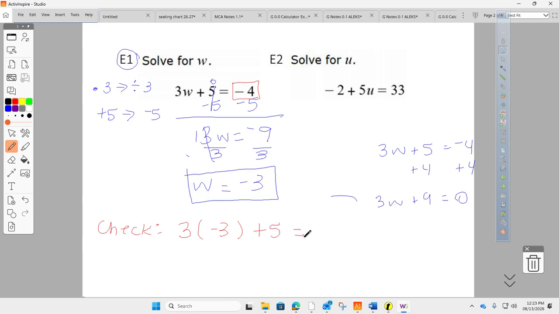So let's practice using our calculator. Times 3, the opposite button, plus 5. Did you get negative 4?